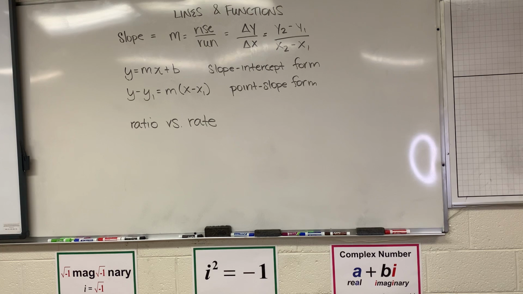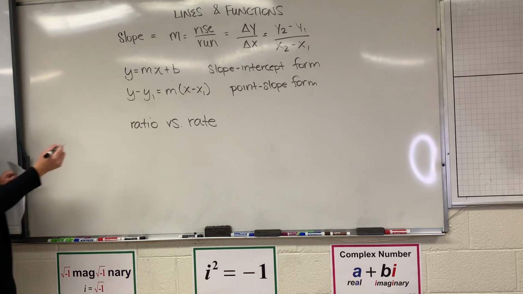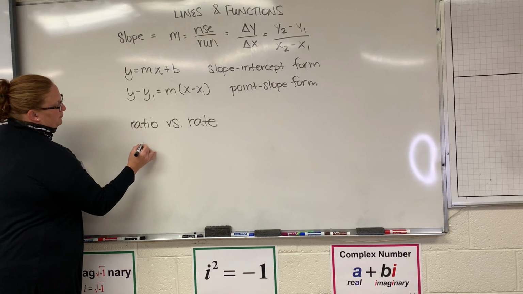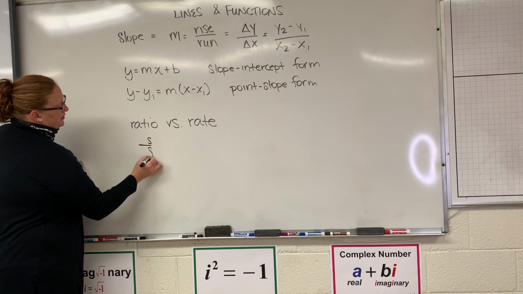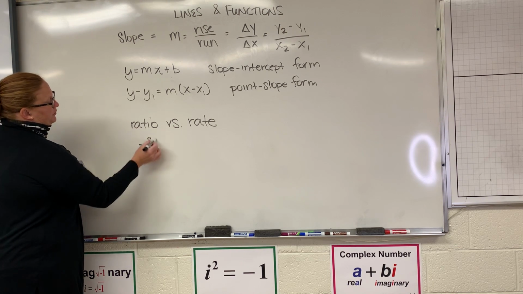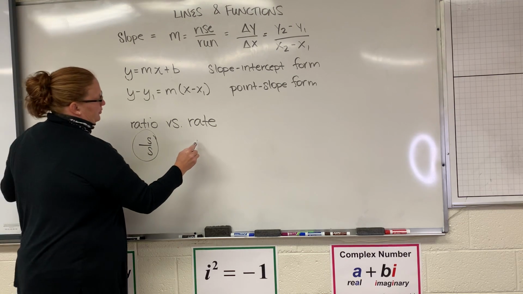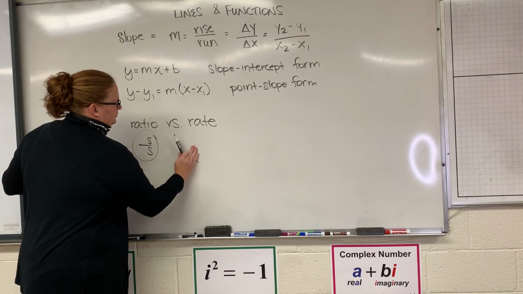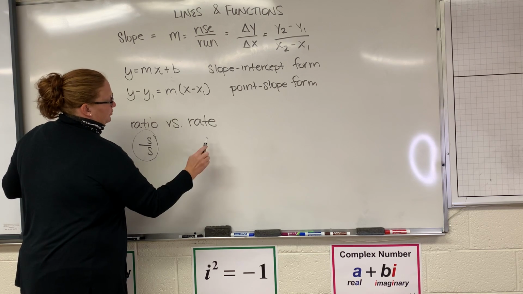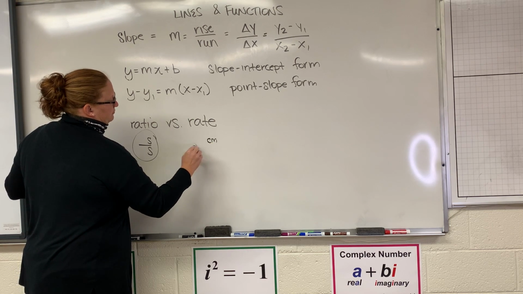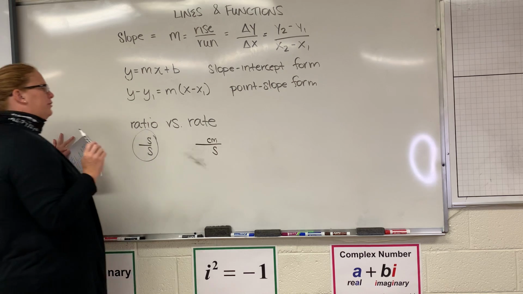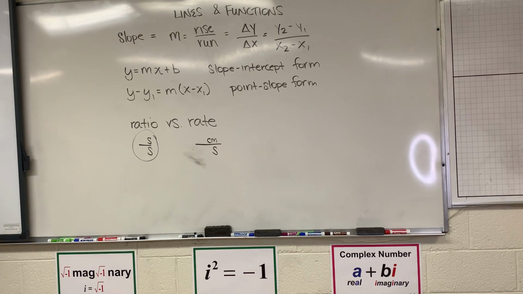So for example, you would have something seconds over something seconds, so it's just a ratio of seconds. But over here, you would have a different unit on the top and bottom, like centimeters per second. And that makes it a rate. Isn't that cool? Didn't know.